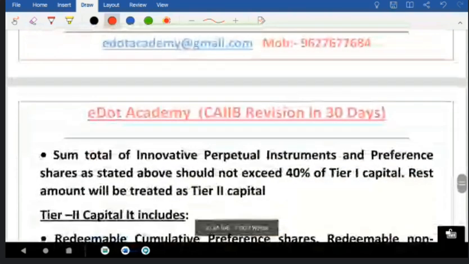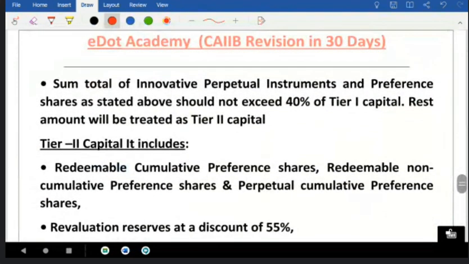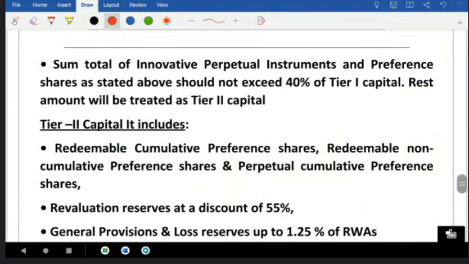Okay, now in addition to that, the sum total of innovative perpetual instruments is coming every time. So remember perpetual here. The sum total of perpetual instruments and preference shares as stated above should not exceed 40% of tier 1 capital. This can be asked sometimes. The rest of the amount will be treated as tier 2 capital.